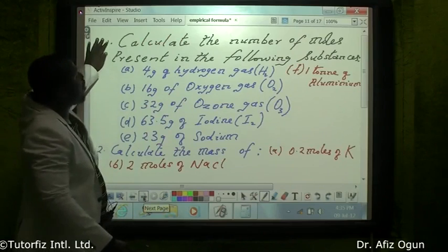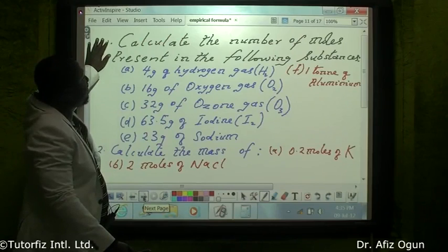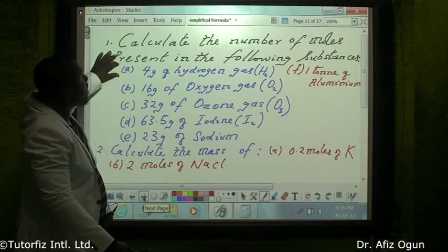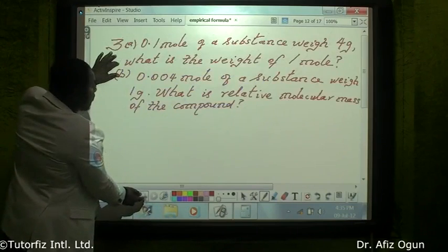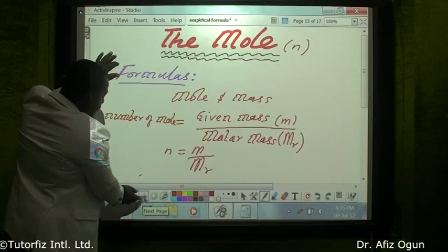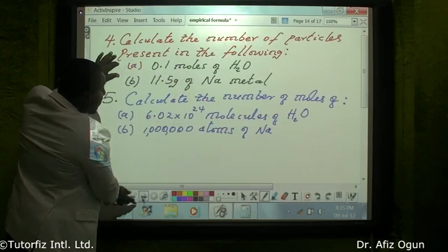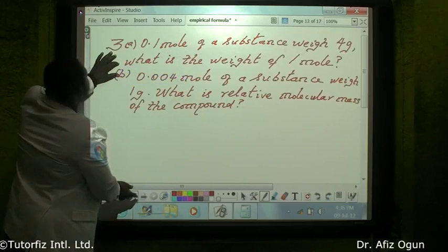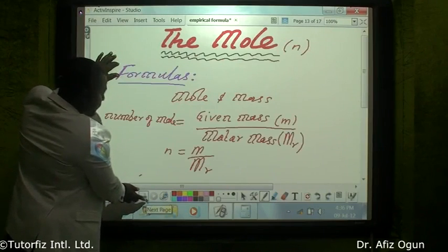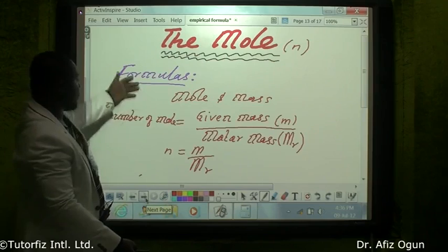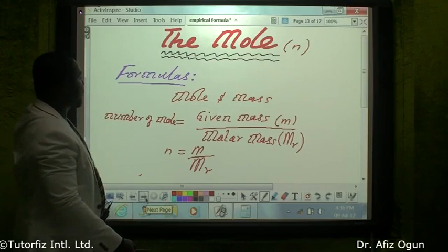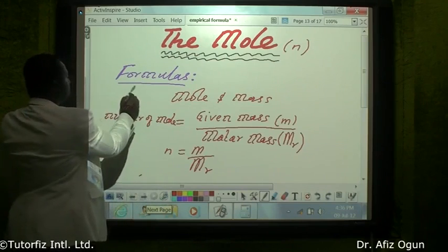Calculate the number of moles present in the following substances. 4 grams of hydrogen. How many moles do you have? Write this formula down. This is the first formula.